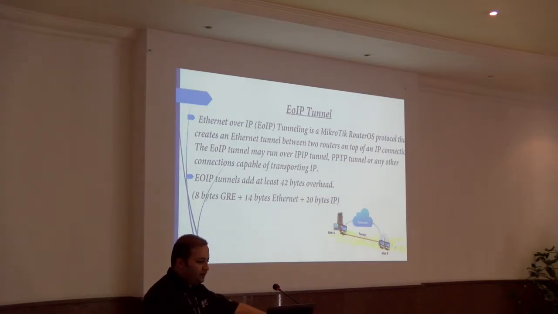The EoIP tunnel may run over an IP tunnel, PPTP tunnel, or any other connection capable of transporting IP. But remember that EoIP adds at least 42 bytes of overhead, so you should consider your connection's MTU size.